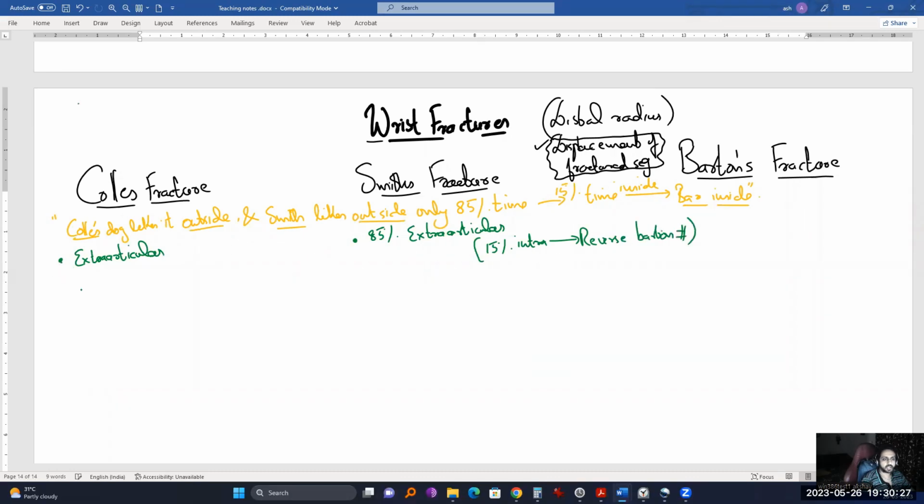Then the next similarity between Colles fracture and Smith's fracture is, like I said, both are distal radius fractures, involving the metaphysis.